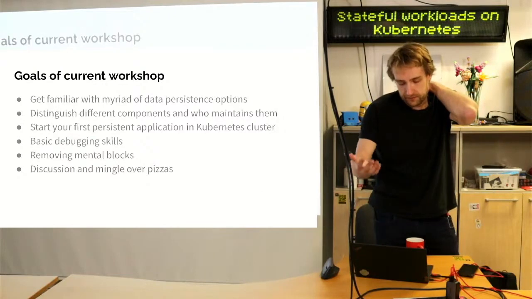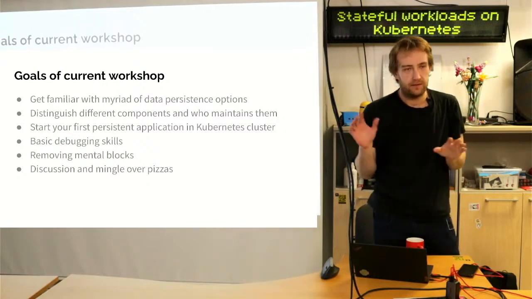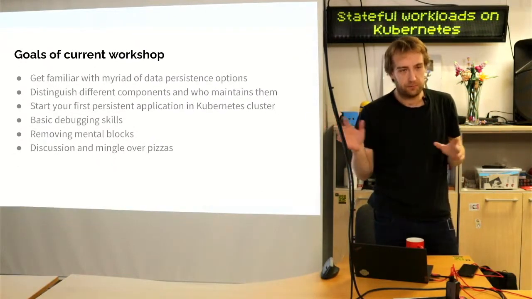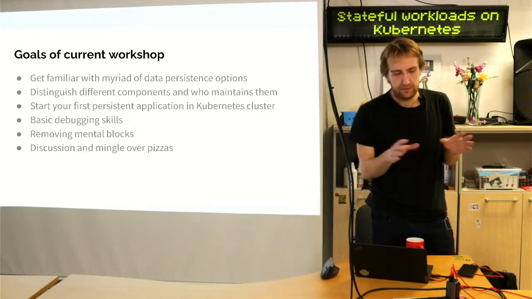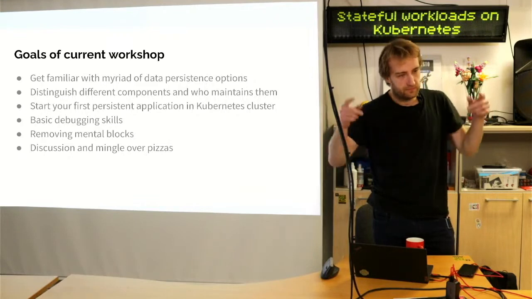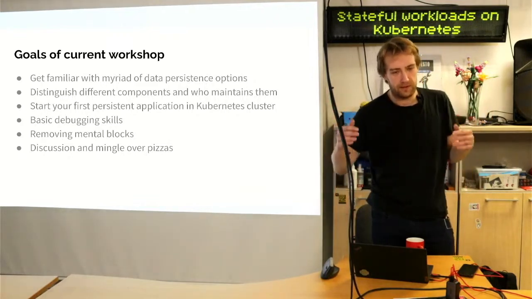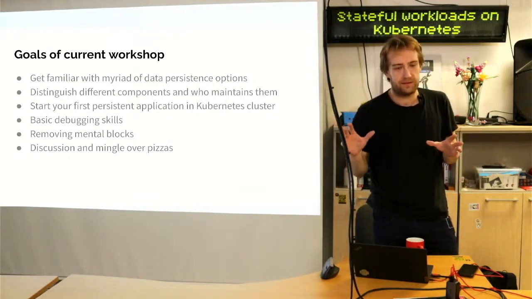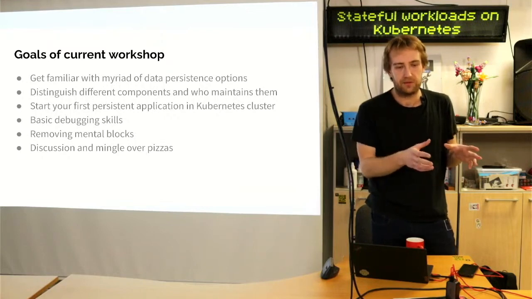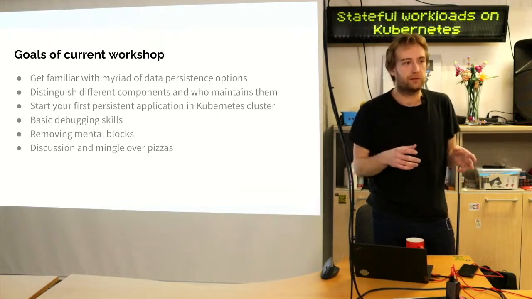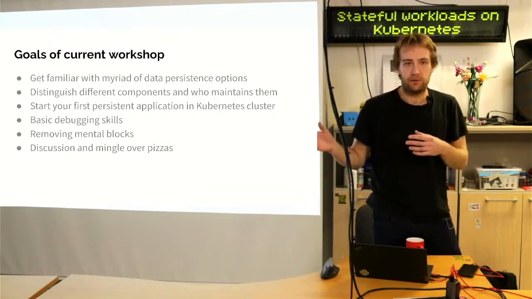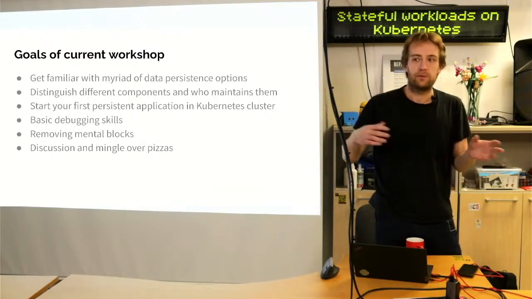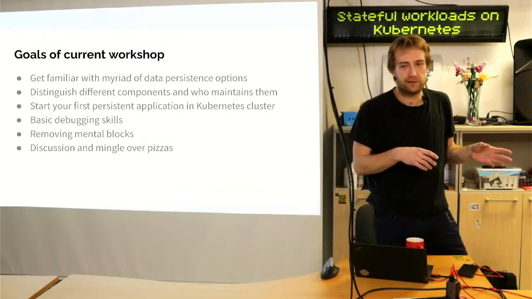But the point of this workshop is that there are lots of different options when it comes to storage and persistence in Kubernetes. I'm going to try to iterate over all of the options that make any kind of sense, and then hopefully give some suggestions on what you could do depending on the circumstances, depending on what kind of cluster you're running. Are you running on AWS, or on-prem, or a VMware cluster?